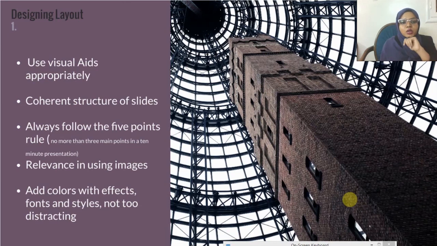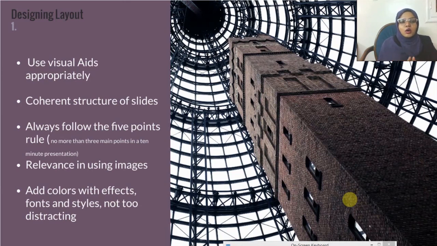So there should be a coherent structure of slides. Always follow the 5 points rule, which says there should be a maximum of 5 main points in one slide. Also if you have a presentation that is 10 minutes long, you should not include more than 3 main areas or main points to talk about.